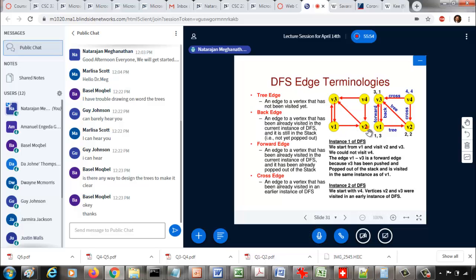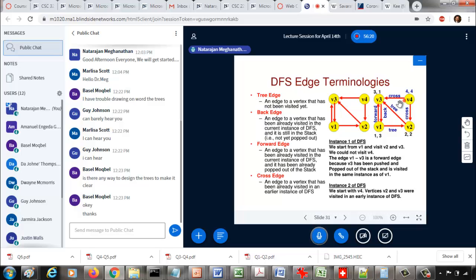That is why this edge from V4 to V2 should be called a cross edge, because V4, the source end of the edge, is visited in the current instance of depth first search, and V2 was visited in some earlier instance. So it's called a cross edge.